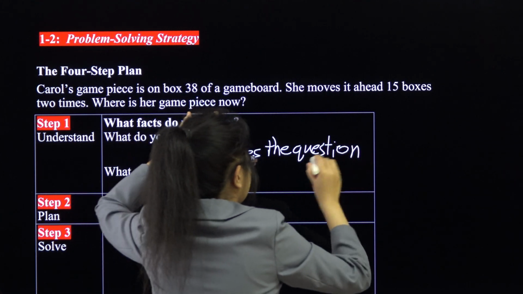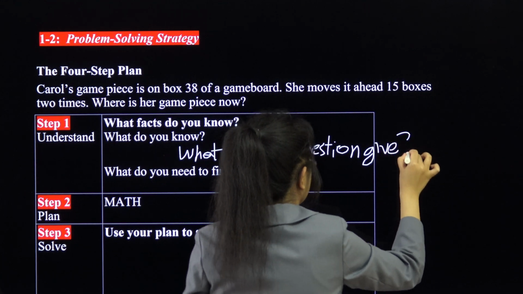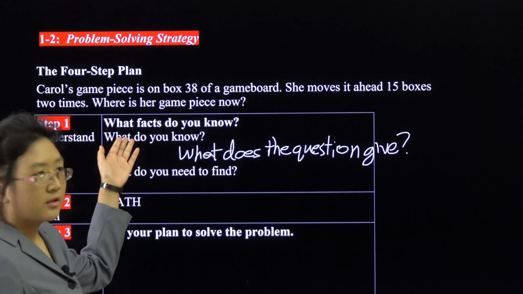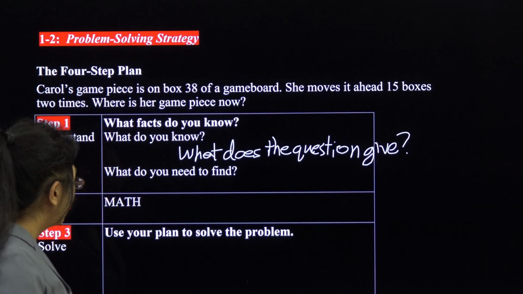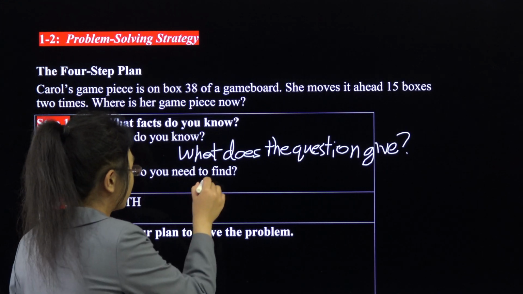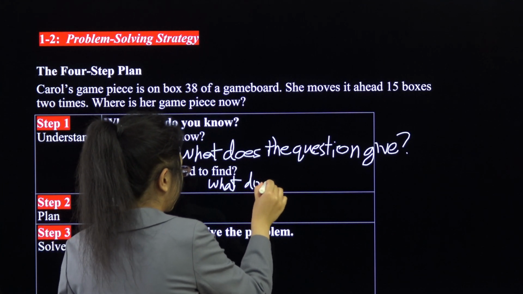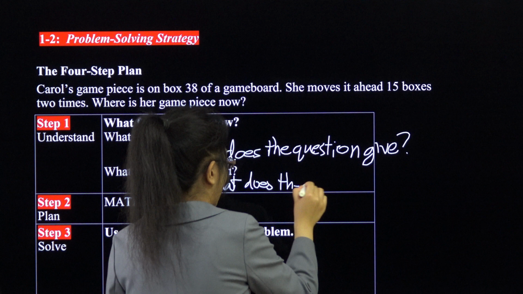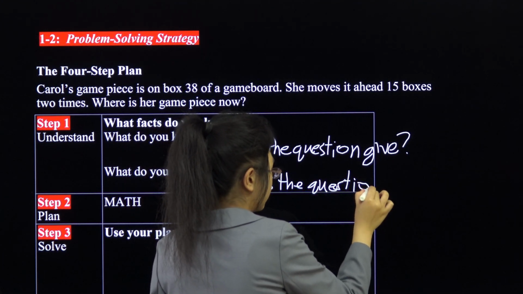Hint, hint, right here. The place with the question mark says, where is her game piece now? So what we need to find is what the question asks.